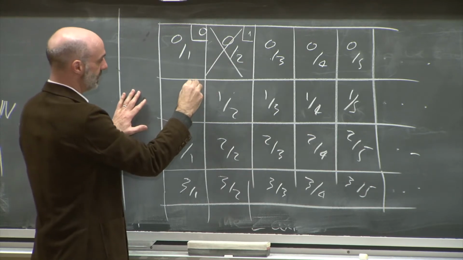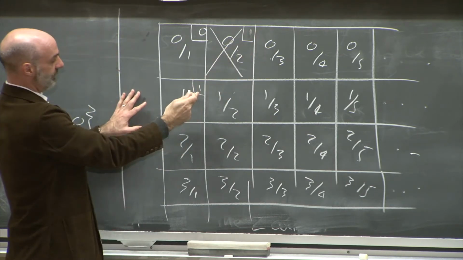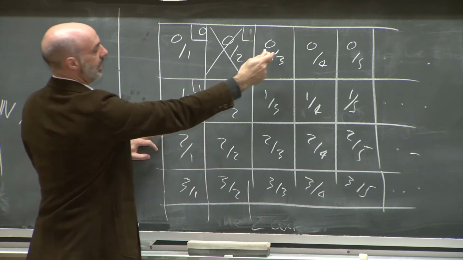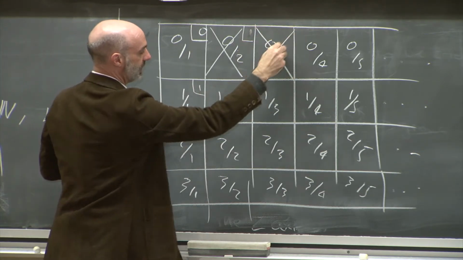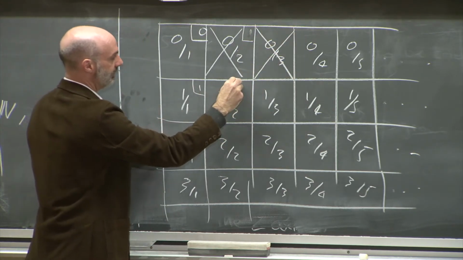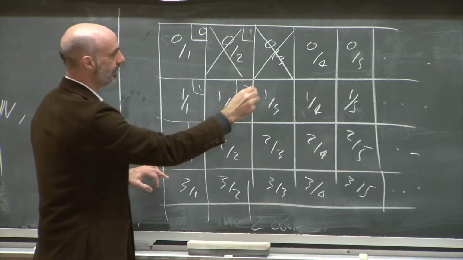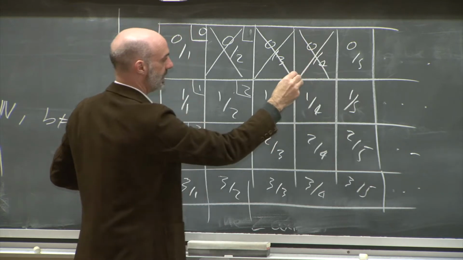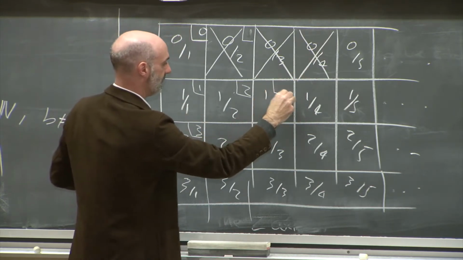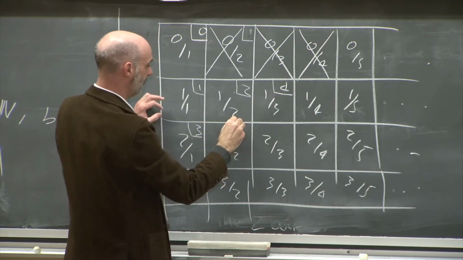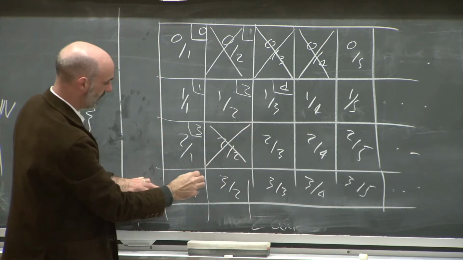Next one I visit is this one. To that one, we're going to assign 2. And then, OK, that's 0 again, so we're going to ignore it. And this is 1/2. To this one, we assign 3. That one's 0 again. To this one, we assign 4. That one's 1, so we'll eliminate that one.